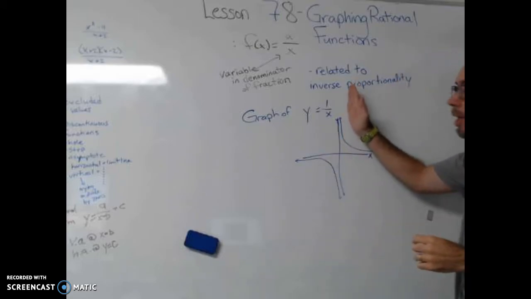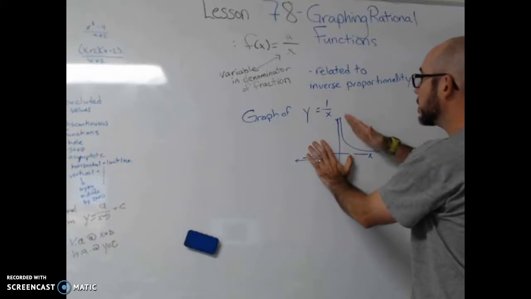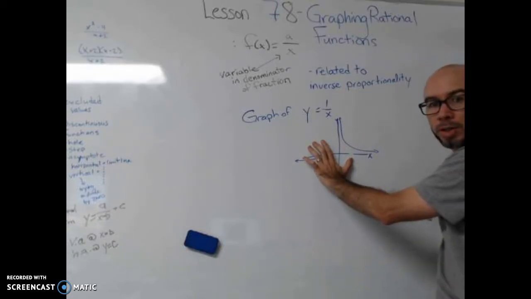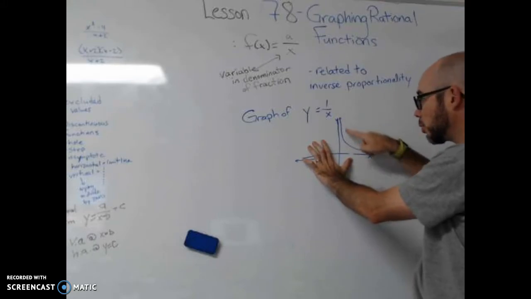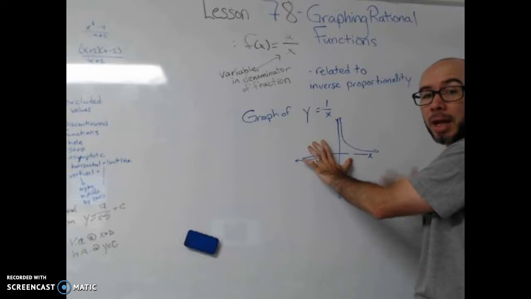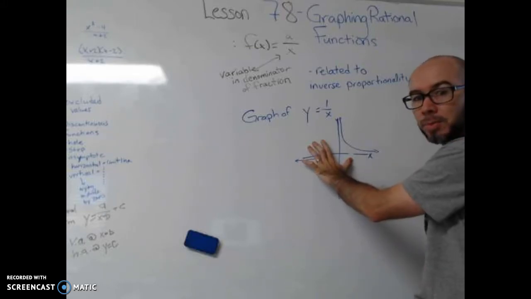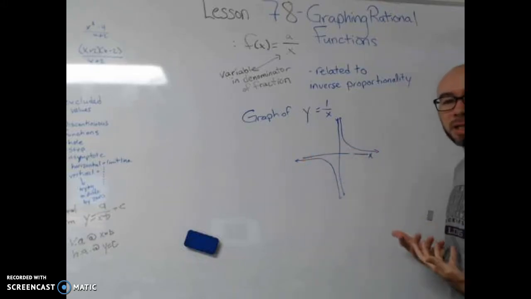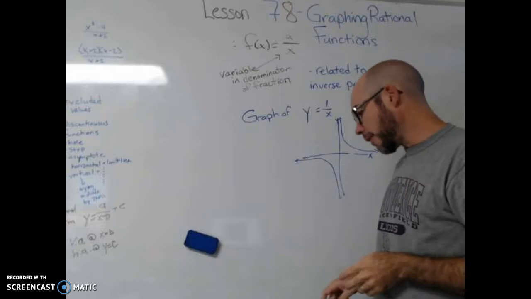And it does that thing that we've seen before. Do you remember this shape over here? This is the inverse proportionality curve, that as x increases, y decreases. It's the same thing that we had back yonder when we did the constant proportionality. It's related to that. So it's a very interesting graph.